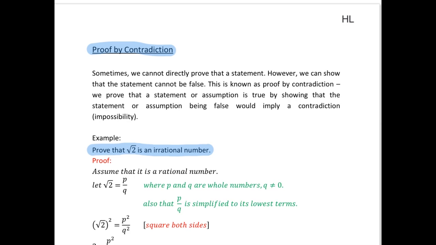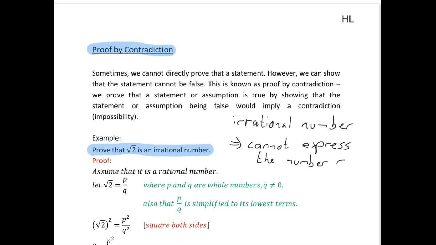So just to remind you, an irrational number means that you cannot express the number as a over b, where a and b are integers. So that is what it means to be an irrational number.